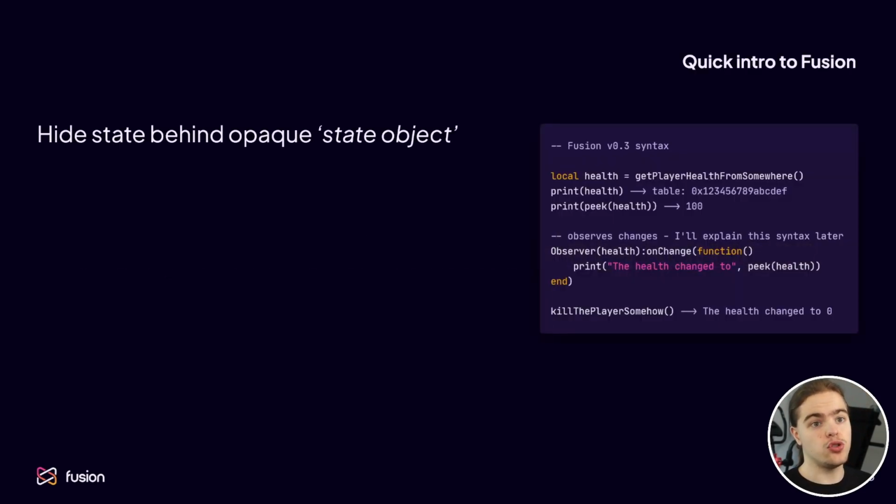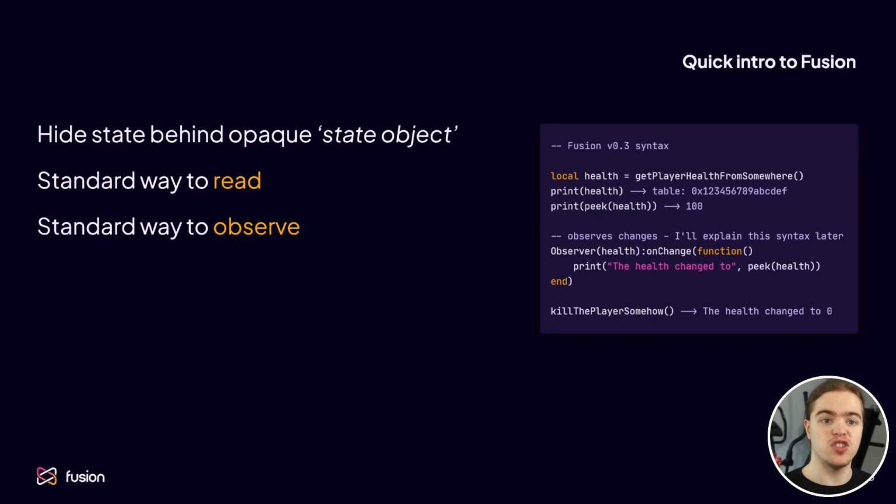Firstly, we're going to need to hide the state of the data source behind some kind of opaque state object. We don't want people randomly mutating the data and overwriting it, but we still want to be able to refer to the data. Then we can provide a standard way to read the value of the state object and a standard way to observe changes to the state object. That's enough to give us a nice workable interface that doesn't couple our code too strongly.